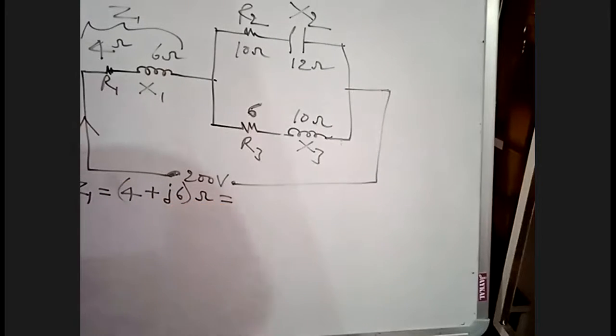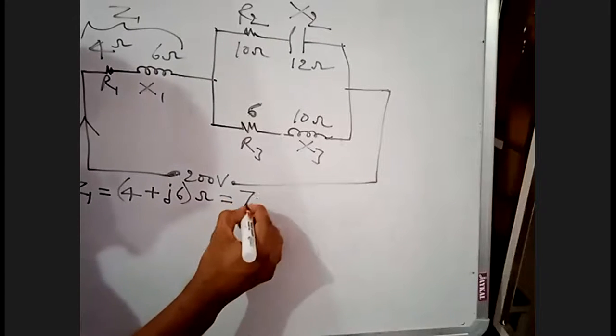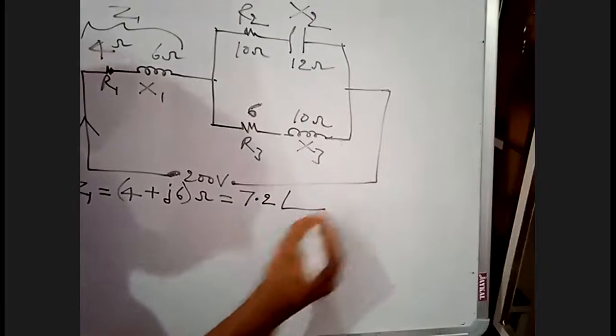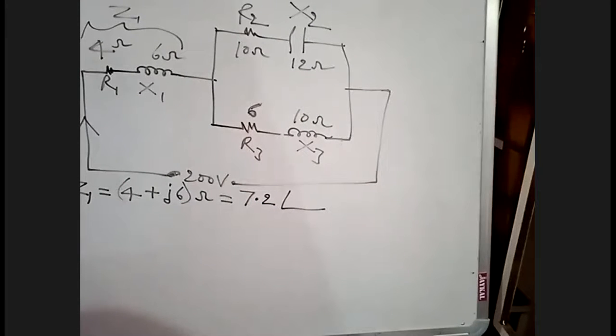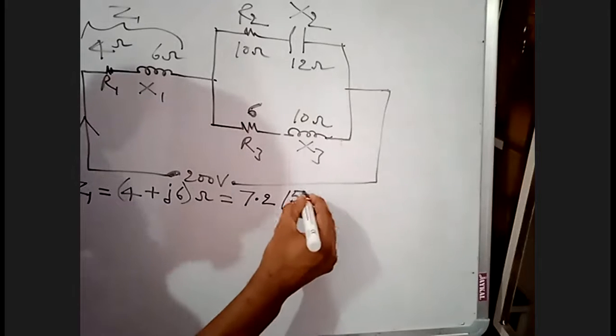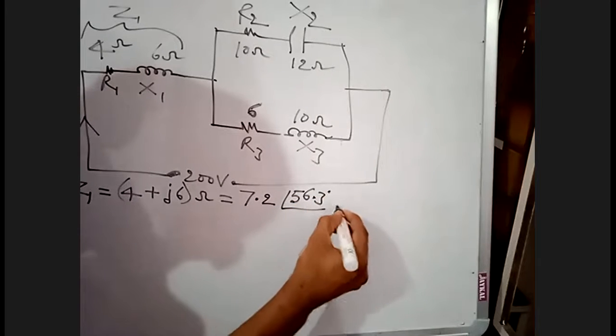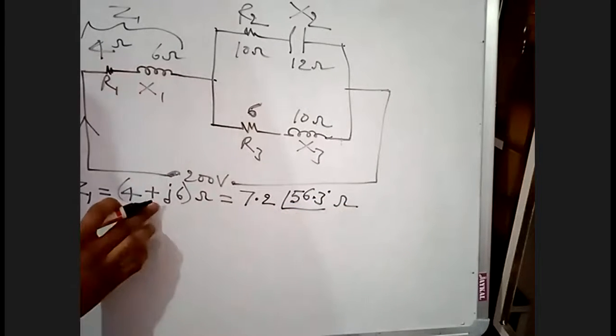Convert it to polar form. 7.21 at an angle 56.3. Here I am getting positive because the plus is here.